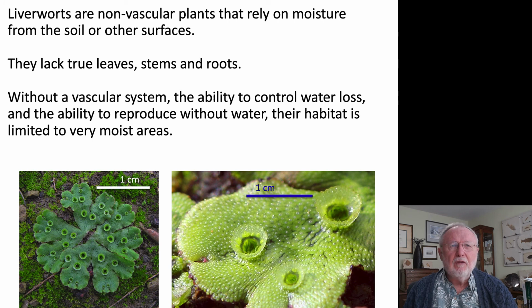They have no vascular system, and they have no ability to control water loss. So carbon dioxide moves in through diffusion, but so does water. So these plants are only able to persist in environments where there's adequate surface water.